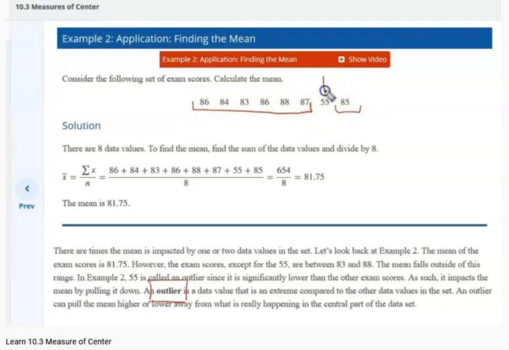But this one right here, that's not in the ballpark. That one is considered the outlier. Why? Because it's really far away from the central measure of what we're going on here. That's actually pulling down the average.